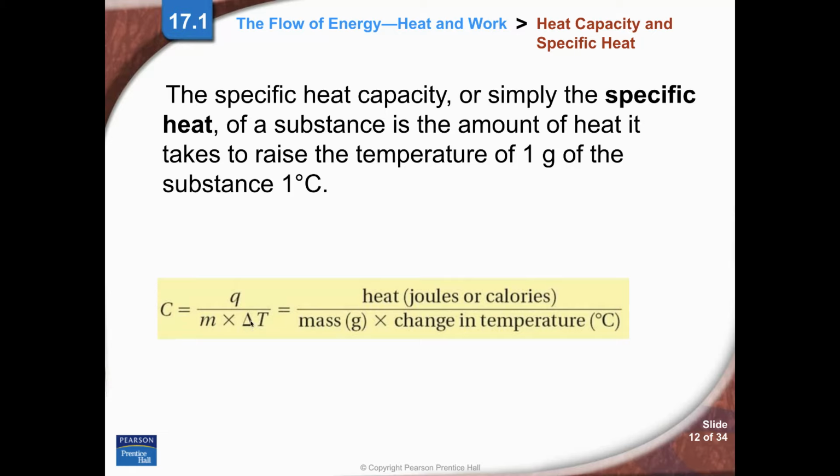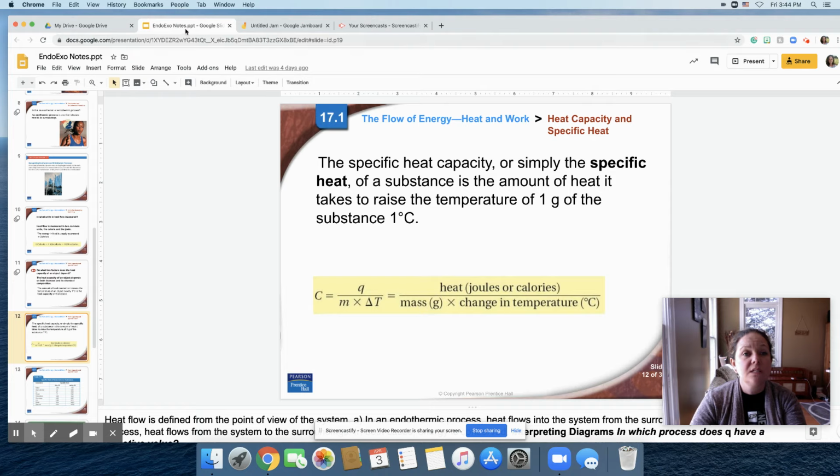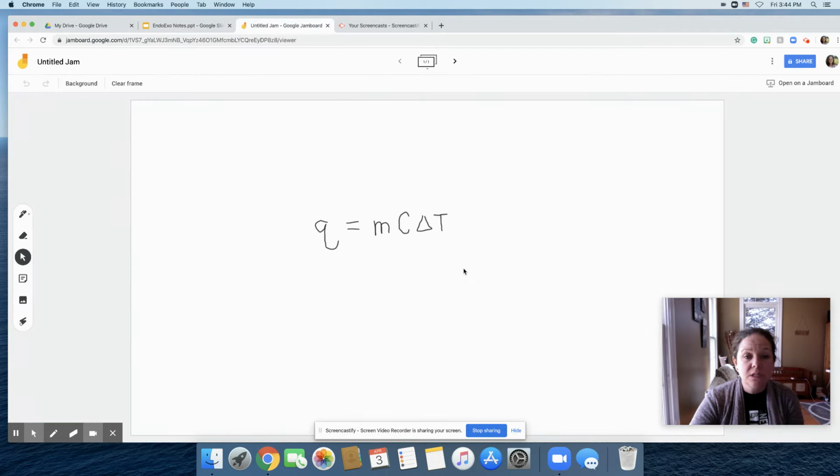Remember that the delta symbol, which is the Greek symbol for change, delta T, means the change in temperature. And C is your heat capacity, or specific heat. Specific heat capacity is what C is represented by. Now, there's another way to write this, and this is the way that I remember it, so I wanted to make sure and show you.